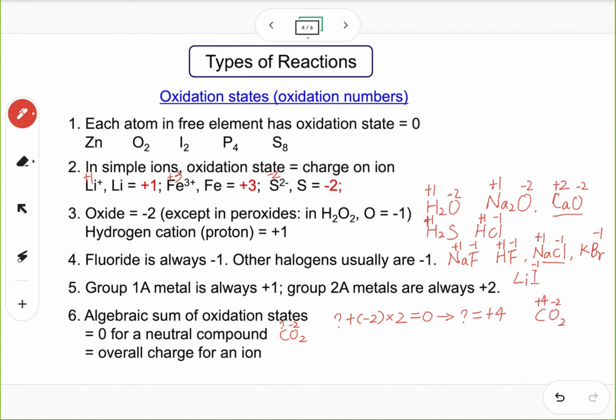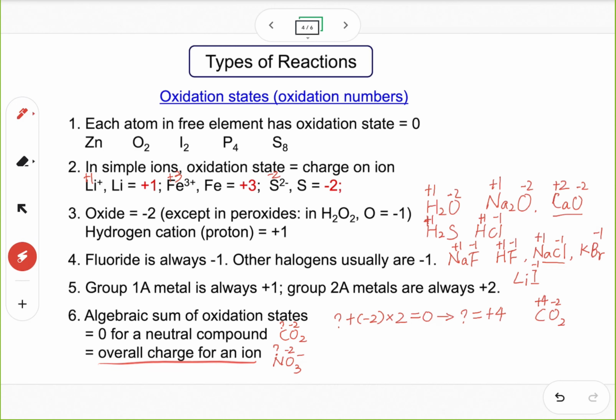Now, how about the second part of rule number 6, the overall charge for an ion? Let's take a look at nitrate, NO3 minus. This is a polyatomic ion. Between nitrogen and oxygen, oxygen is easier to identify because oxide is -2. I want to calculate the oxidation state of nitrogen.